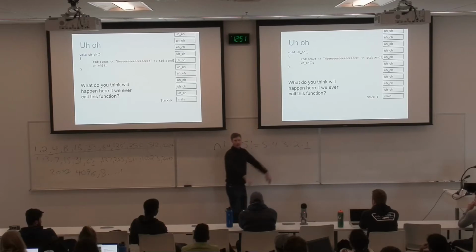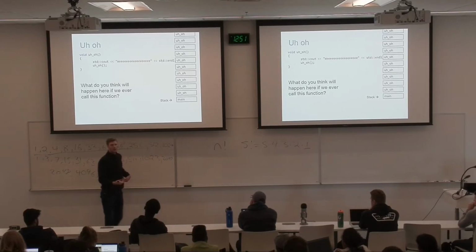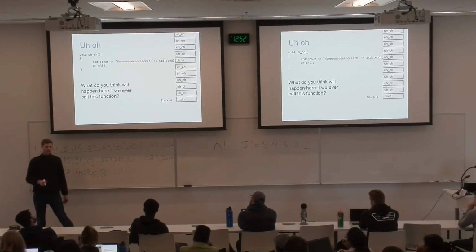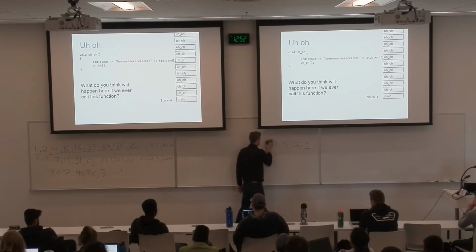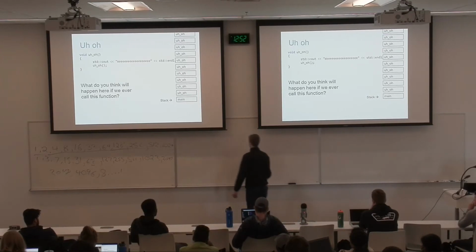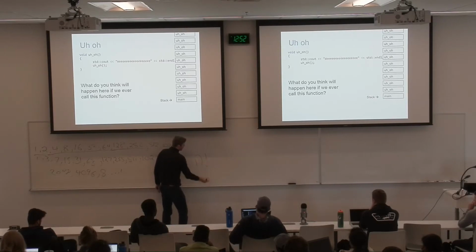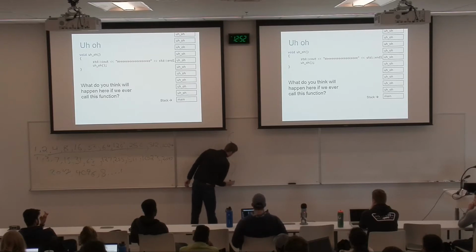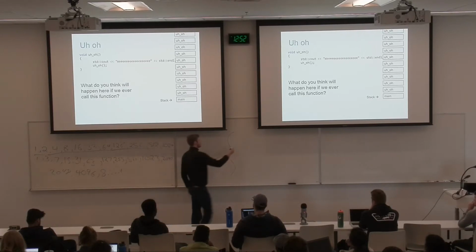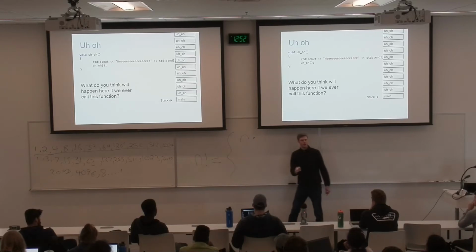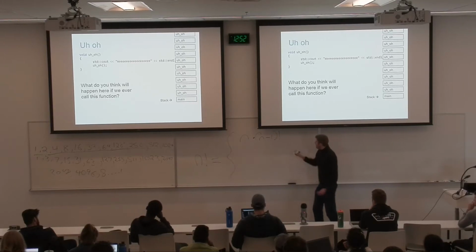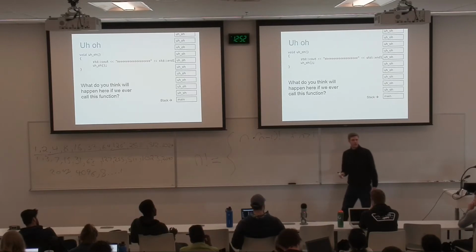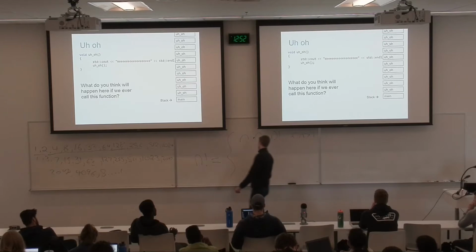So let's define this recursively. n factorial equals n times (n minus 1) factorial if n is greater than 1, but if n is 1, we just return 1.